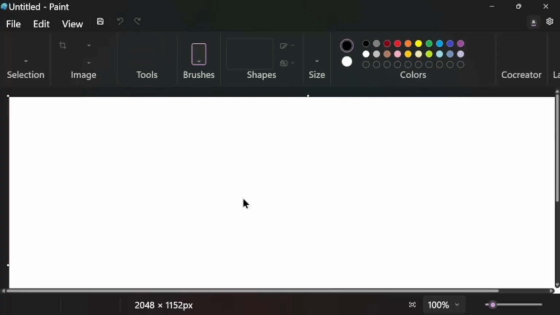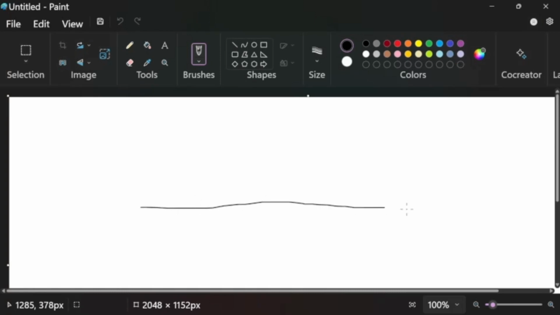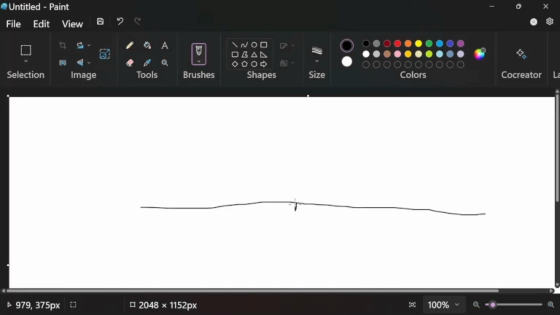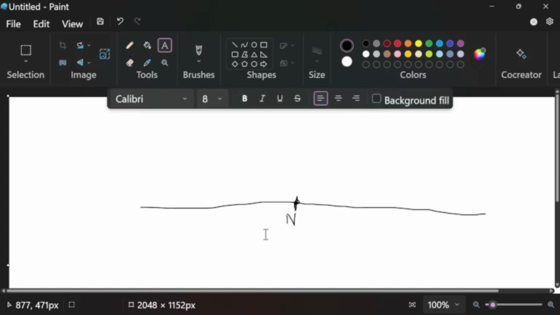Good old Paint. We have a timeline, okay? Now, in this situation, we are late, okay? Present. So let's say now, present, we are late, right? Maybe I can use this one better, no? Here.